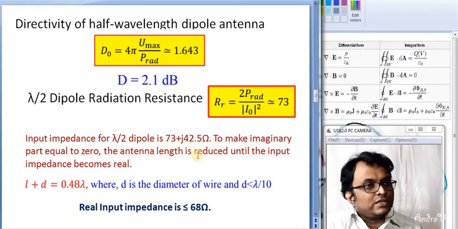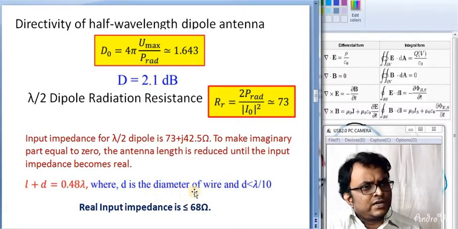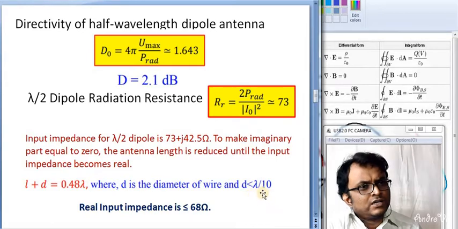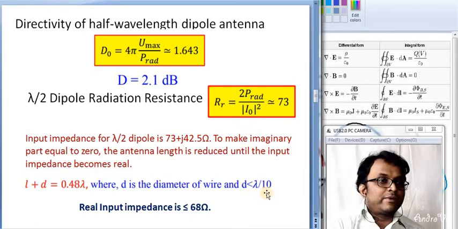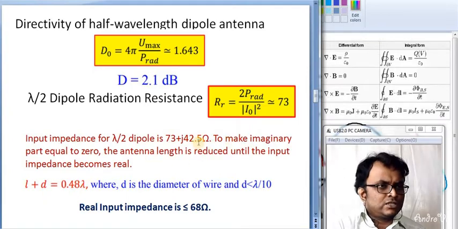To avoid this imaginary part, the antenna length should be 0.48 lambda for a very thin wire, that is, if the diameter of the metallic wire is less than lambda by 10, then I can avoid this imaginary part.